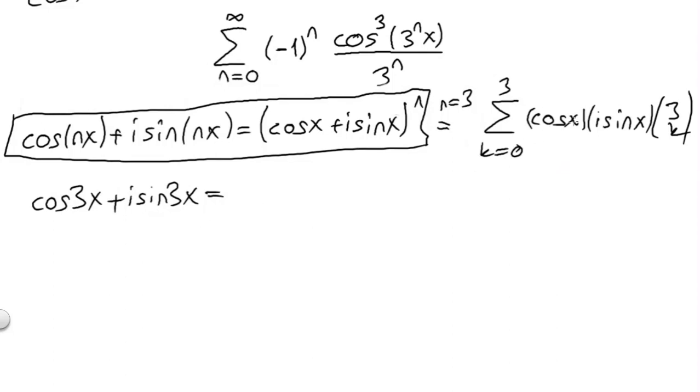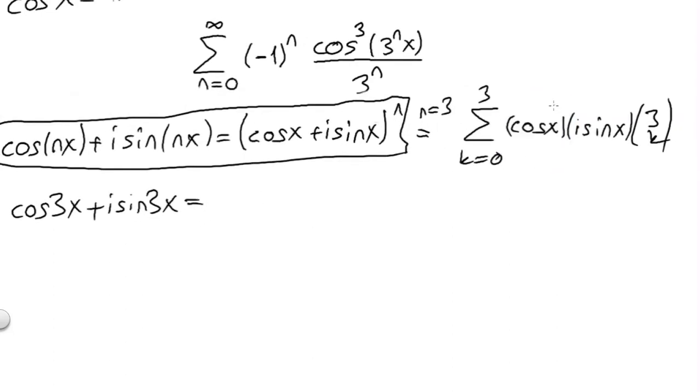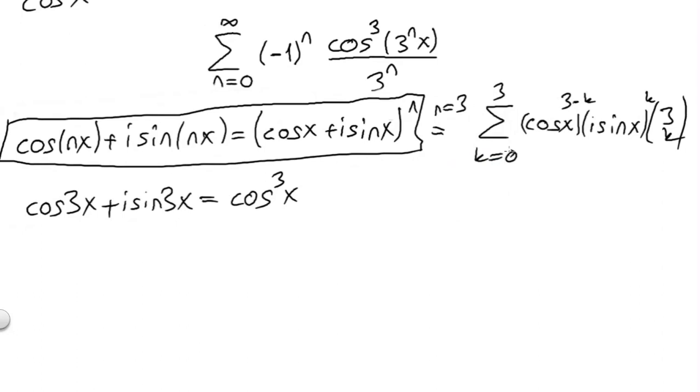So if I put k is equal to 0, I also have these powers, n minus k and k. If I put k is equal to 0, it's just gonna be cosine cube x. If I pick k is equal to 1, I will get an imaginary part.